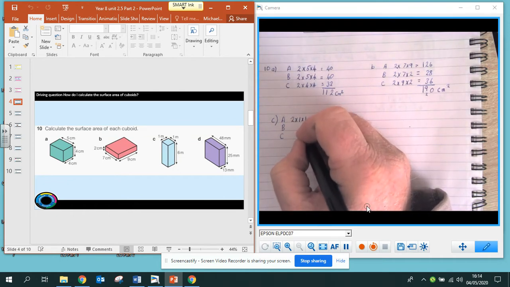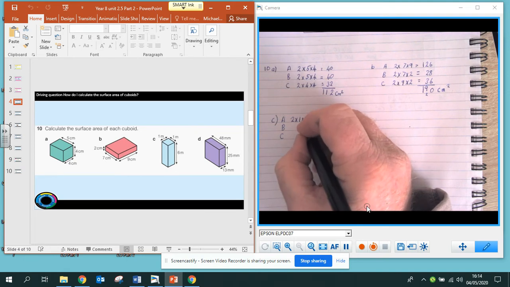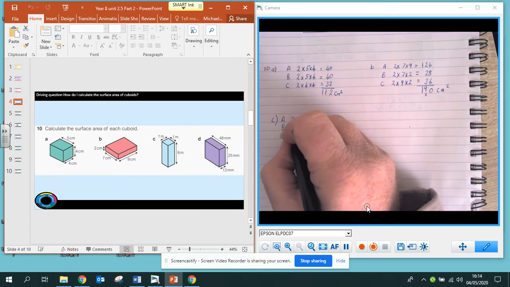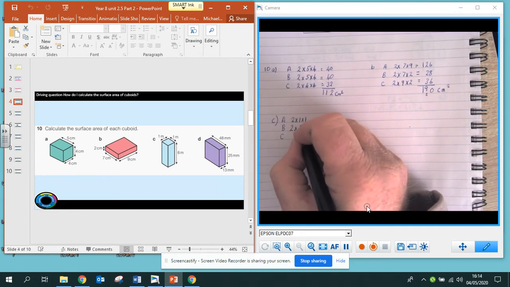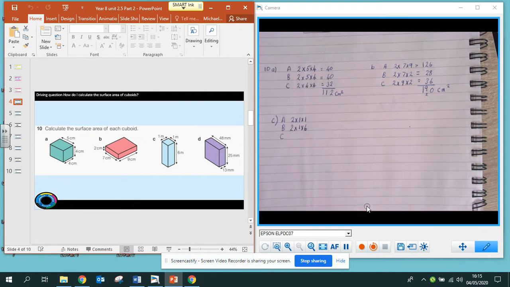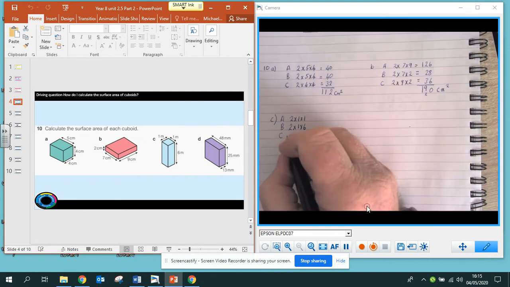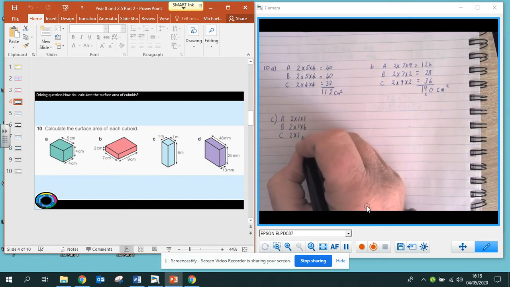My front elevation, front and back, 2 times 1 meter wide by 6 meters high. And lastly, my side elevation, again, 2 sides, 2 times 1 meter wide by 6 meters high.